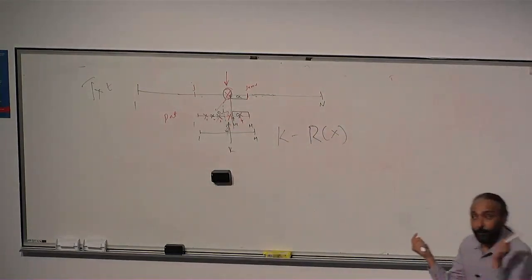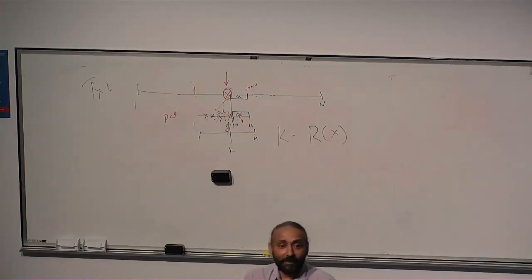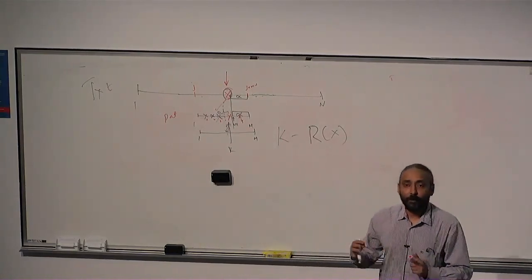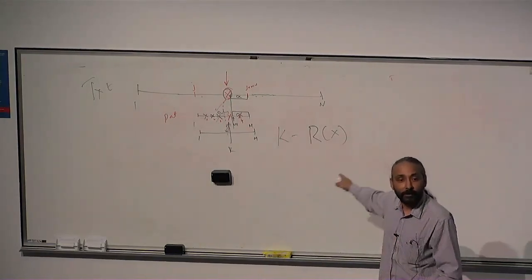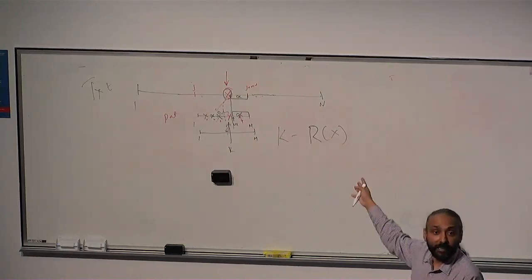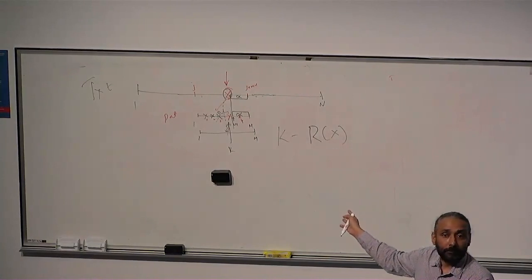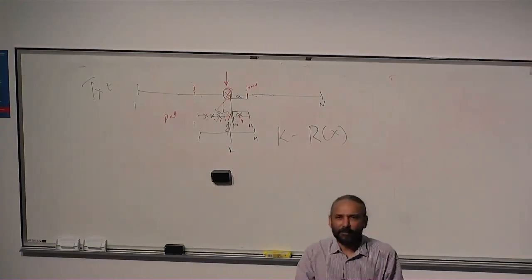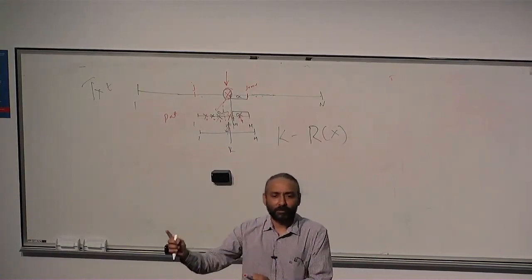The value is already being computed. You know what K is. K minus Rx tells you how many characters to shift by. The only catch is that last scenario. What happens when Rx is greater than K? What is K minus Rx when Rx is greater than K? It will be negative, isn't it? That's what we saw. We're going back. If it's negative, just use 1.